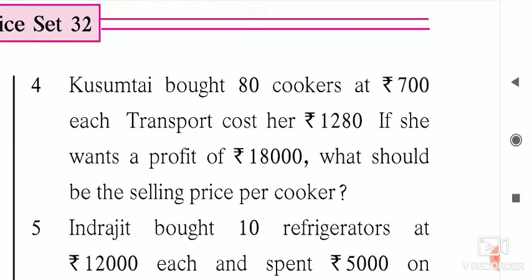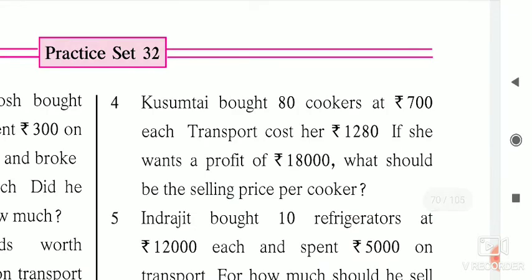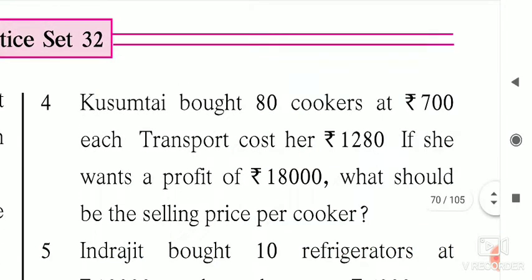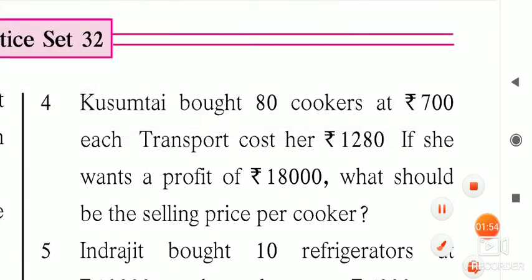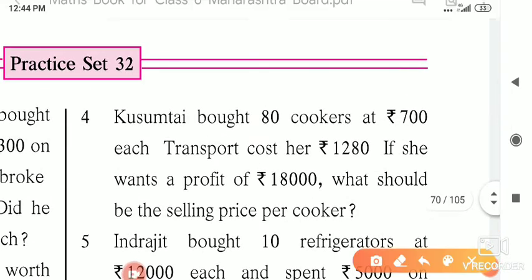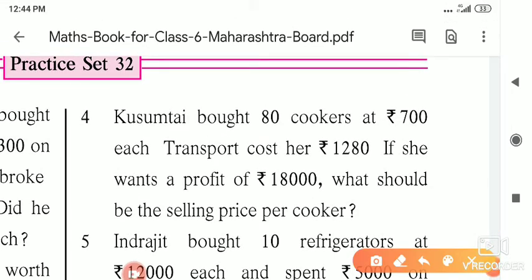So first of all, in this example, we have to find out the total cost price. For the total cost price of the cookers, first we multiply the cost of one cooker with 80 to get the cost of 80 cookers, and then add the 1280 rupees transport charges.